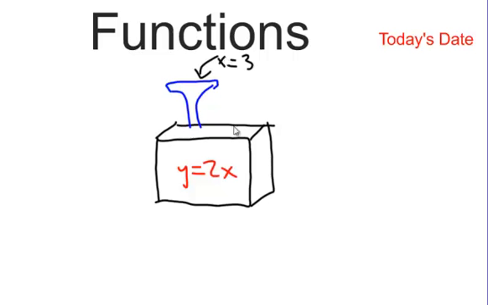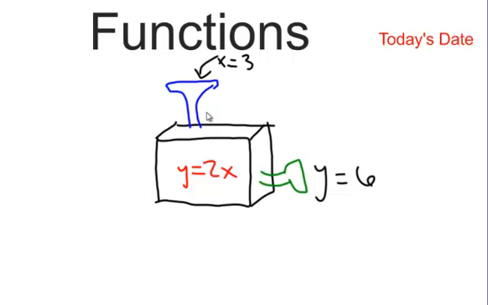And then when you put x equals 3 into this function, 3 times 2 is 6. So you would actually come out with, pretend this is like a little output thing, y equals 6. So you put things in and you get things out. That's what a function is.